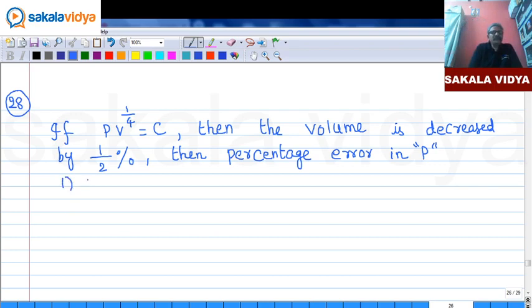First option is 1 by 4, second option is 1 by 8, third option is 1 by 2, fourth option is 1. Okay.